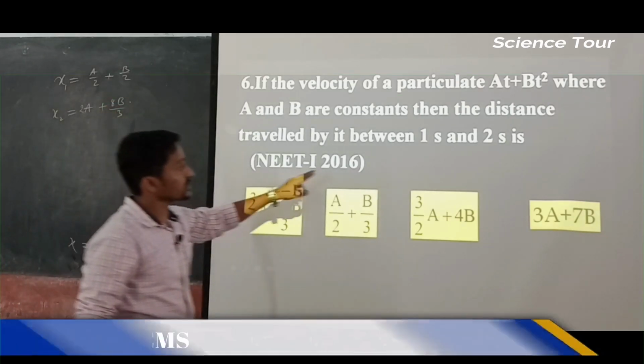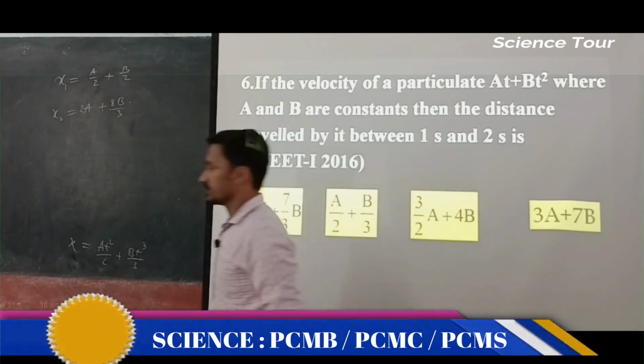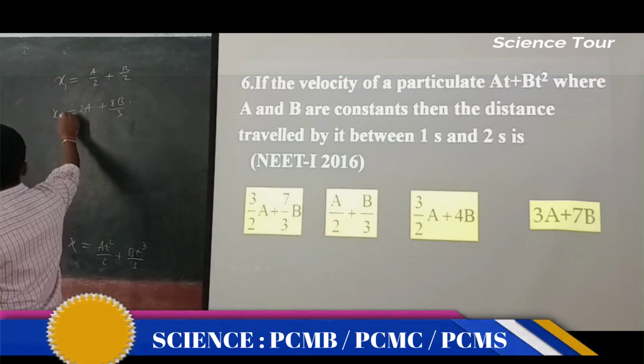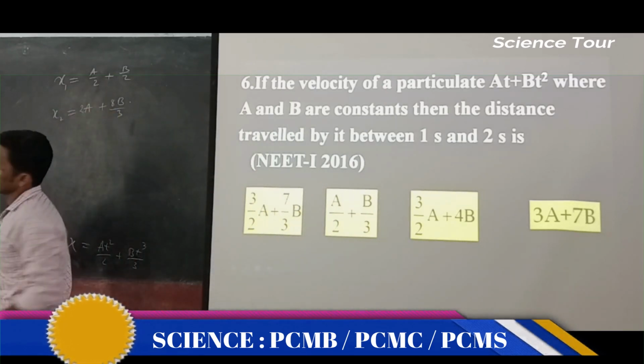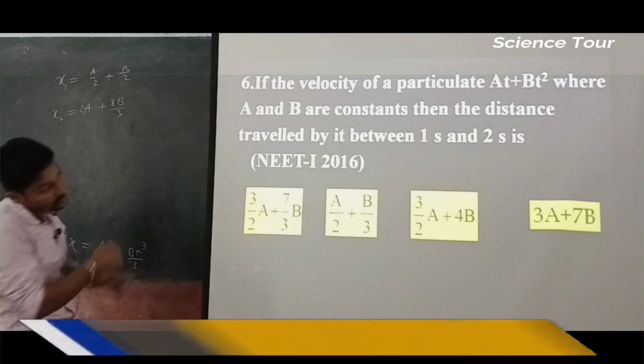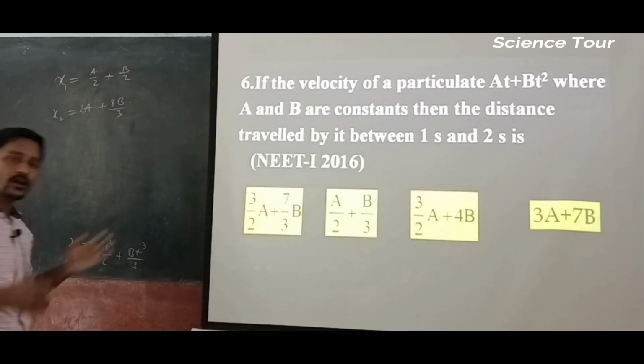Now the distance travelled between 1s and 2s. At 1s it is this much, at 2s it is this much. In between 1s and 2s means I have to subtract.